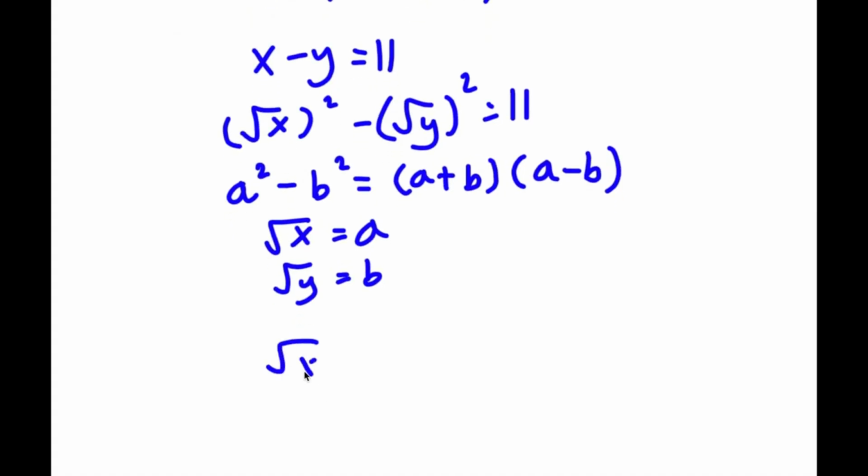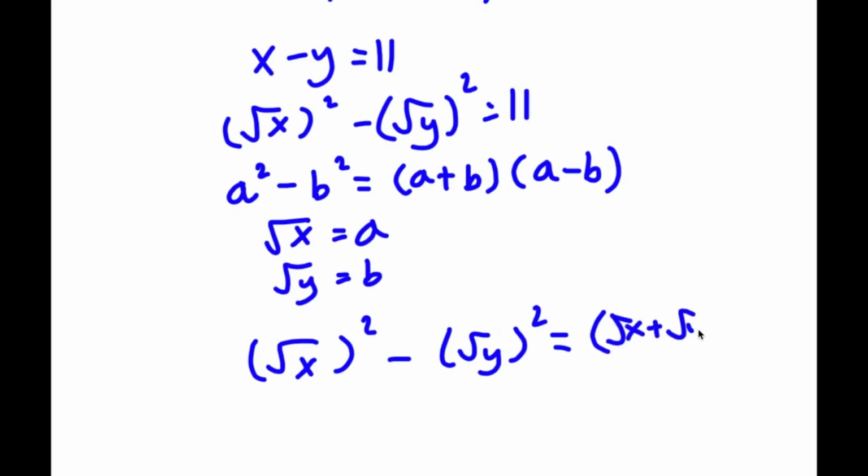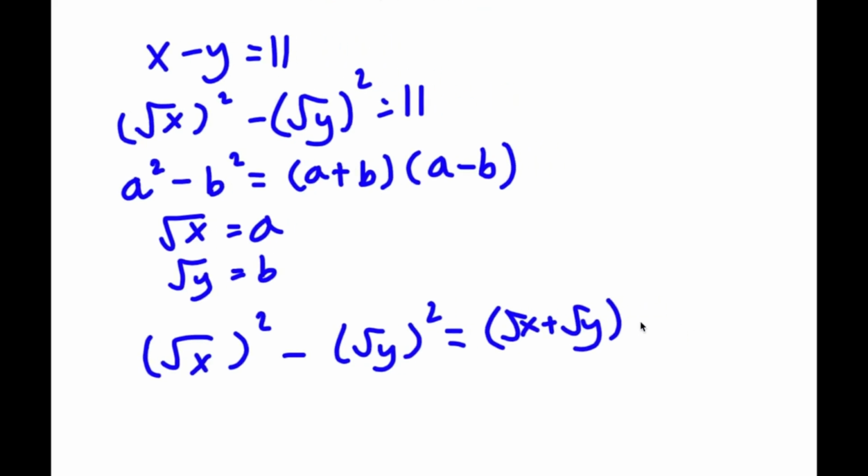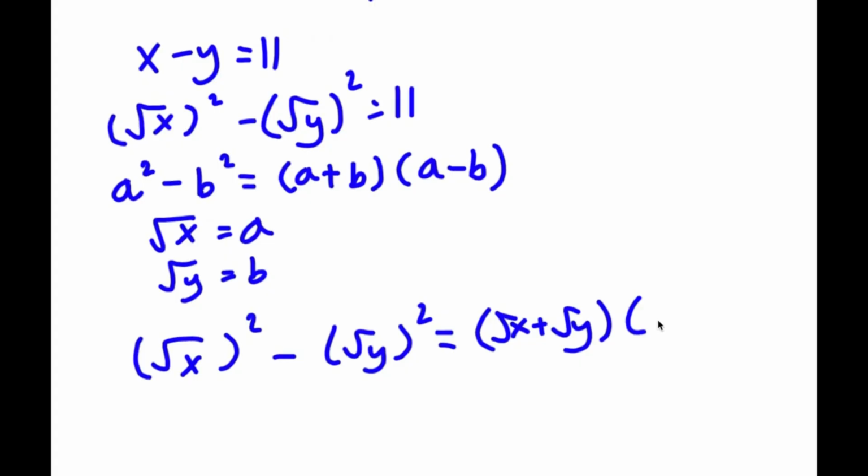So the square root of x squared minus the square root of y squared is going to equal a plus b. So a is the square root of x, b is the square root of y. So the square root of x plus the square root of y times a minus b. So the square root of x minus the square root of y.